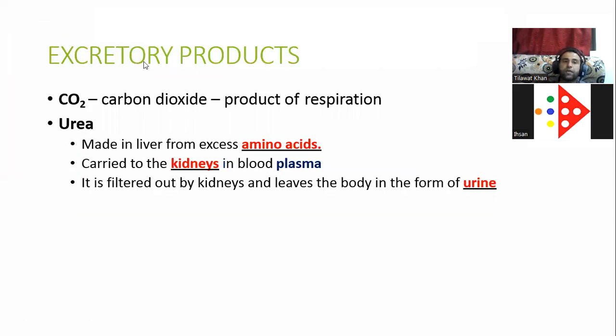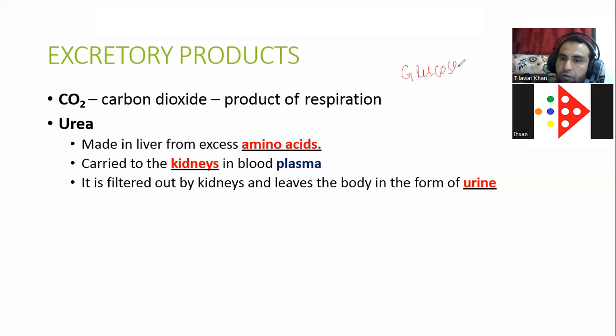All right. So what are the excretory products in your body? The first one is carbon dioxide. Carbon dioxide is an excretory product of respiration. What is happening in respiration?